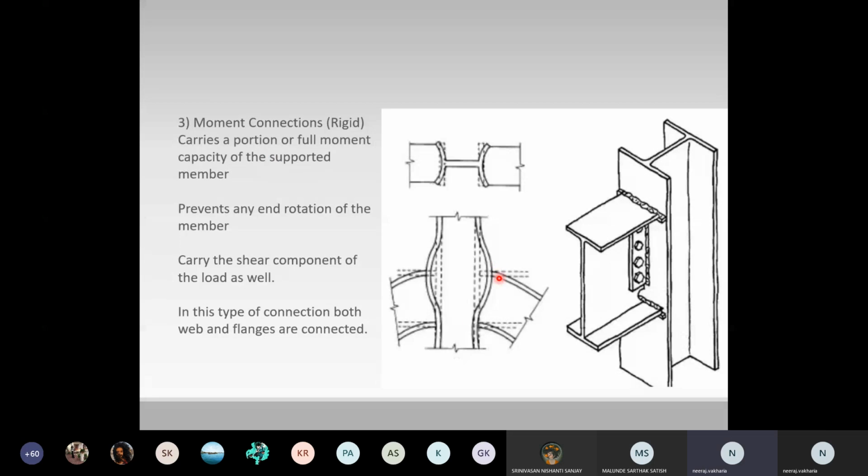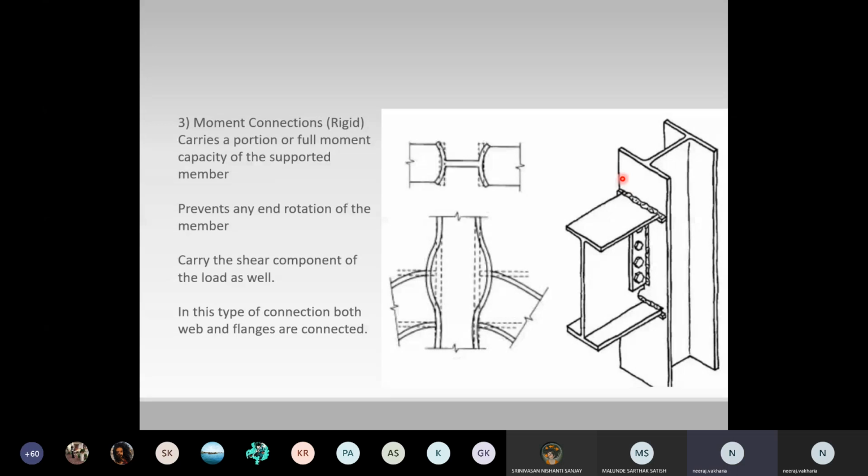If you see this image, it is again exaggerated. It doesn't happen like this when deformation happens. But in this condition, we also connect the flanges to the main structure. So they are usually designed to resist shear and axial loading as well.